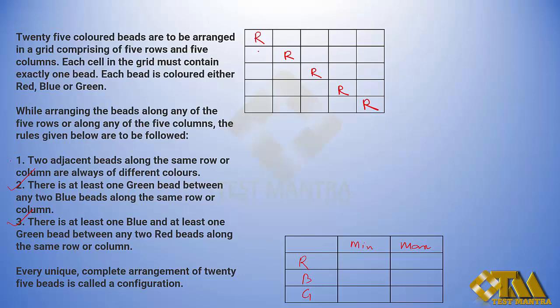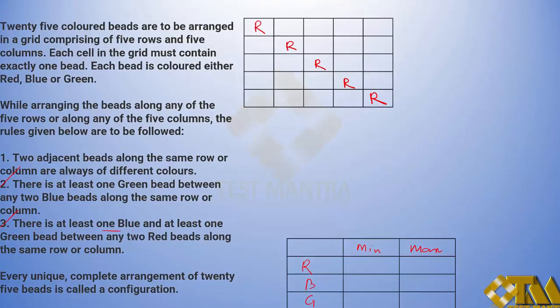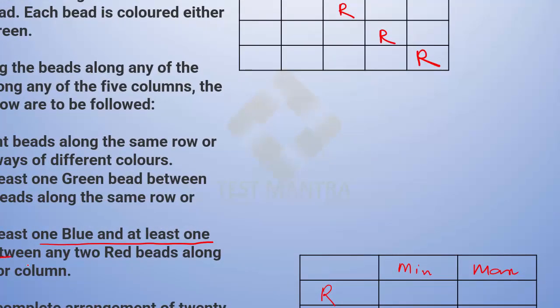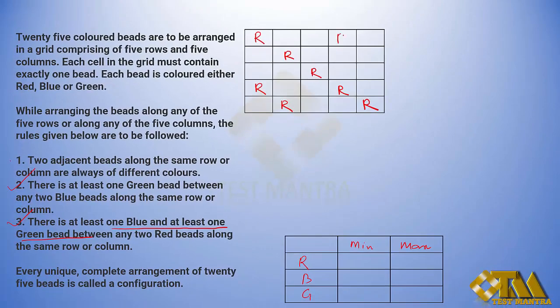So now I know that there should be at least one blue and at least one green bead between any two red beads. So the minimum possibility is I'll have one red at this point, one red at this point, right? Similarly, I can move towards this side, so I can have one red at this point and one red at this point. Now this gives you information that I can have a maximum of 9 red beads possible here, right?